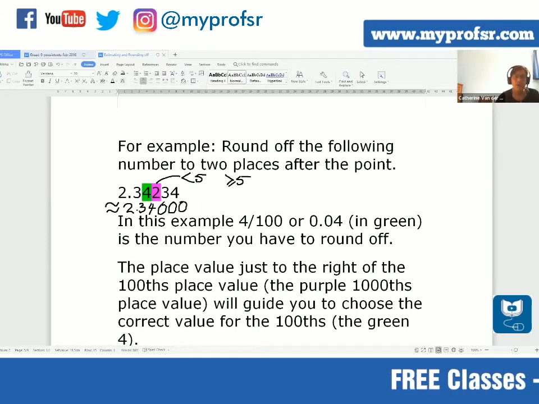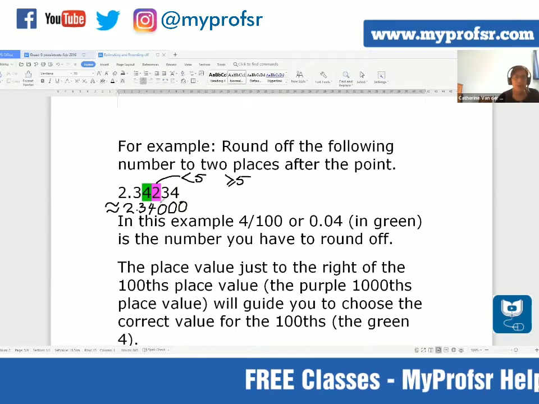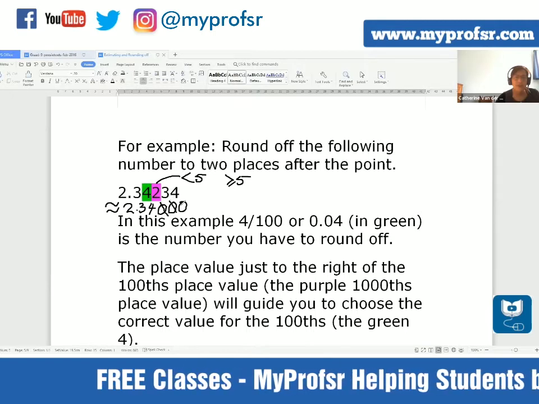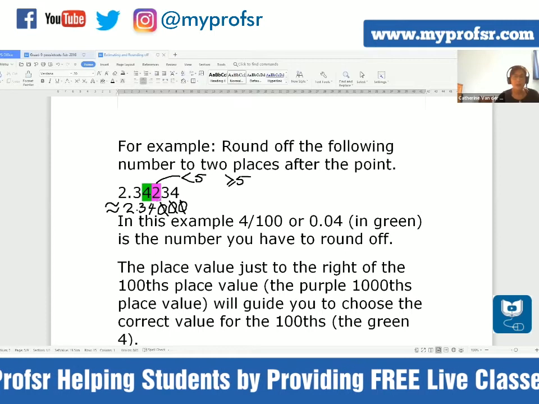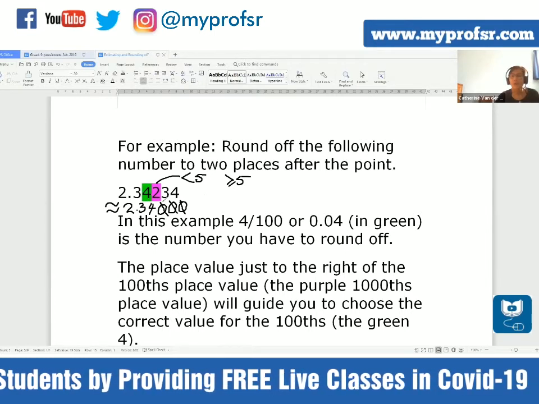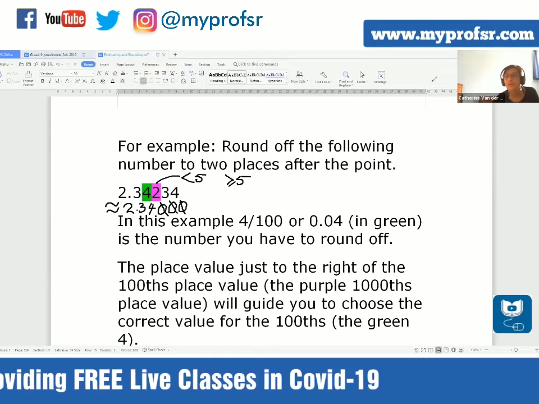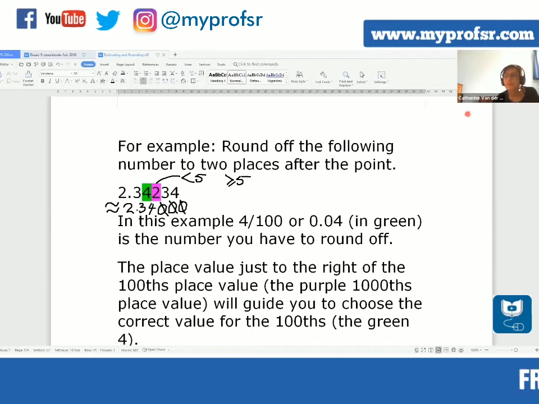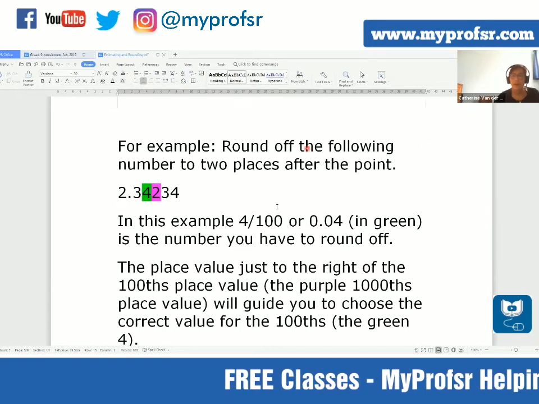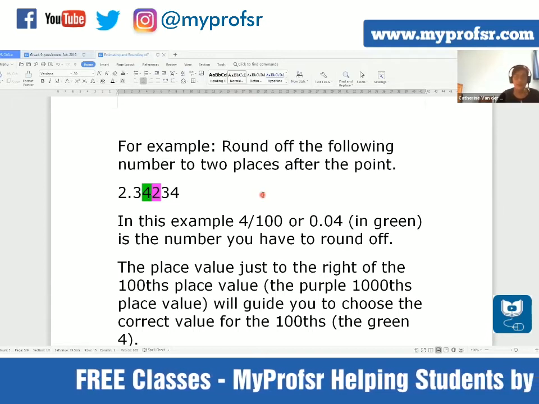And of course, we're not going to write down the zeros. We're just going to leave them out because it's after the decimal point. So the answer is 2.34. Thank you, P. Okay, let's move on.